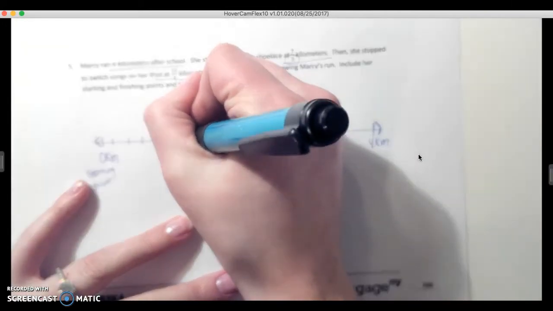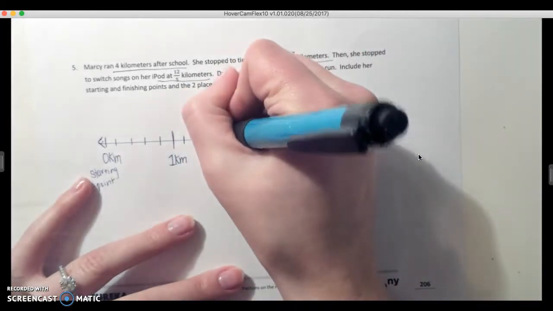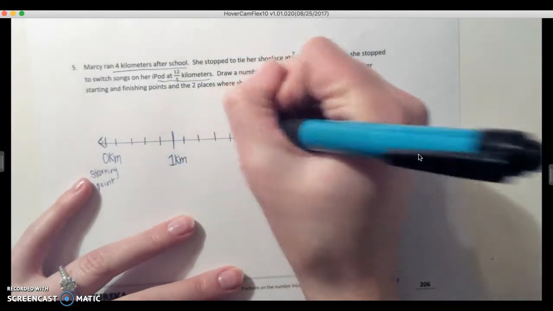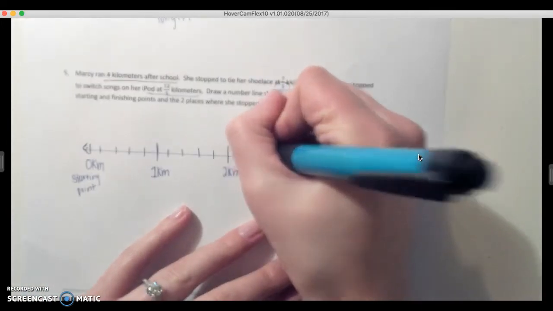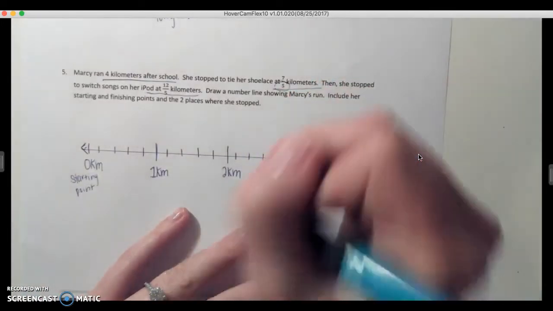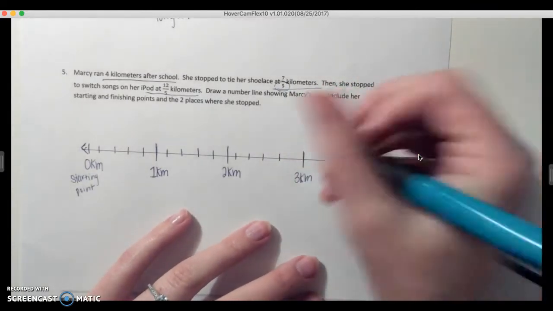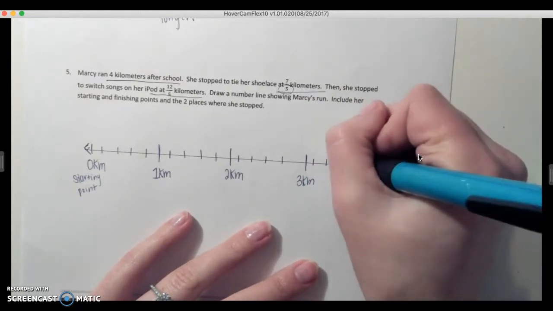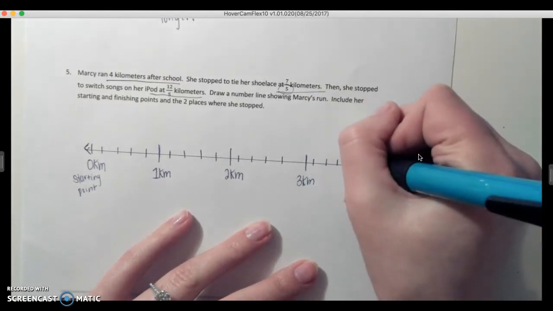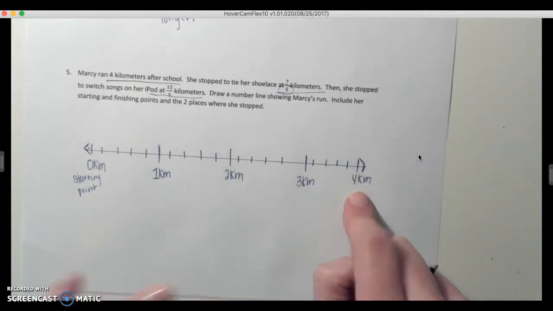This would be 6 fifths, 7 fifths, 8 fifths, 9 fifths, 10 fifths, 11 fifths, 12 fifths, 13 fifths, 14 fifths, and 15 fifths, 16 fifths, 17 fifths, 18 fifths, 19 fifths, and then 20 fifths at the end.